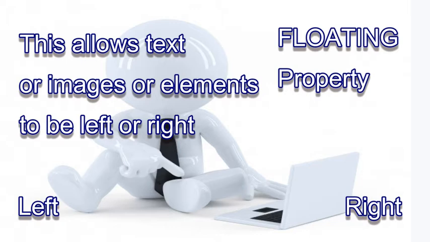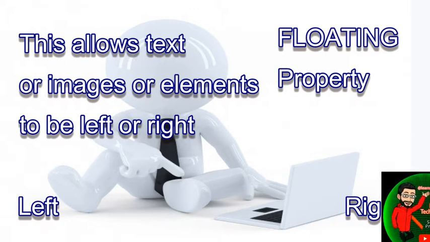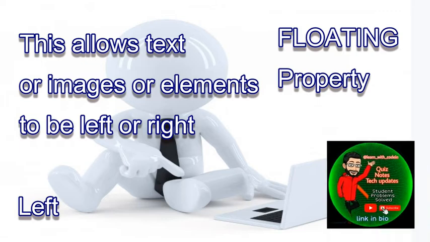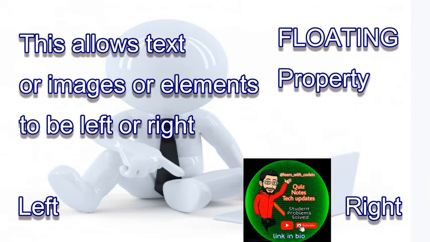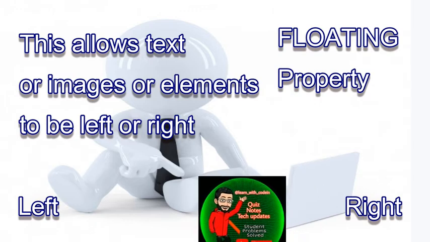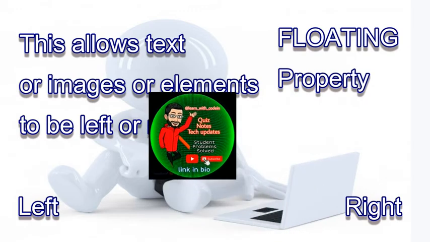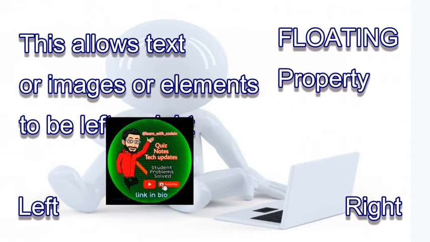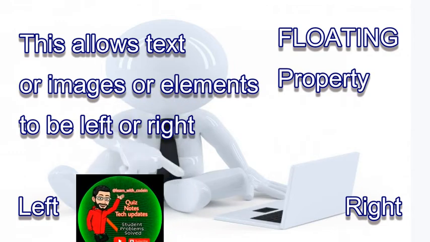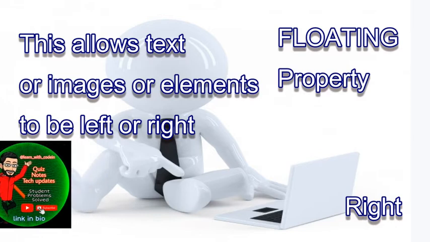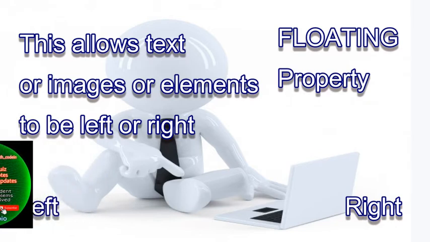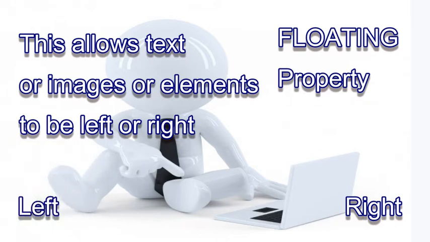So in this case, we are using the floating property, in which we are going to float images or text to the left hand side or to the right hand side. By default, whenever we use the floating property, it will be on the left hand side, because whenever we do not declare anything, it's just to the left hand side.